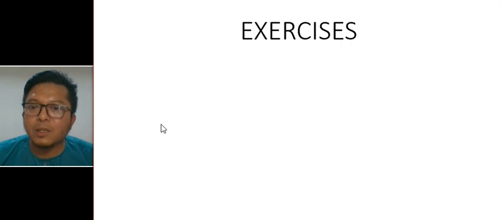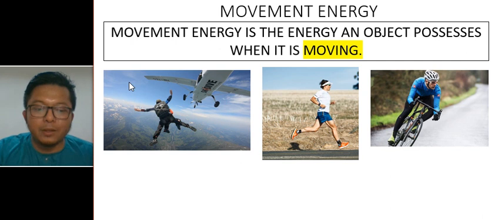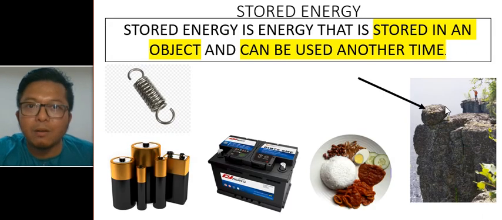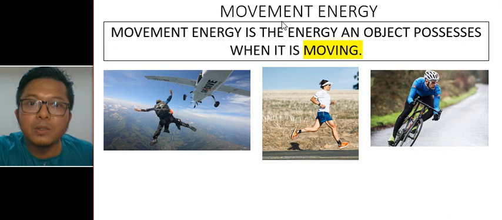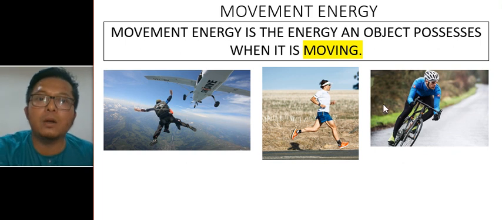Moving means falling down like the rock fell down. When the rock falls down, it becomes movement energy, like skydiving. And this one, running and cycling. What else? A car. A moving car, not a stopped car, a moving car.